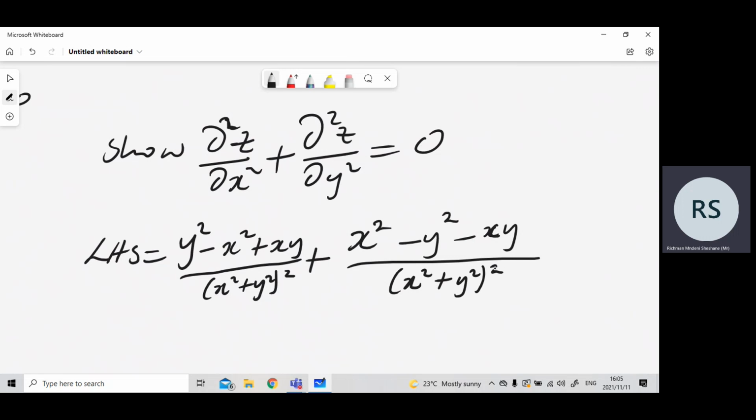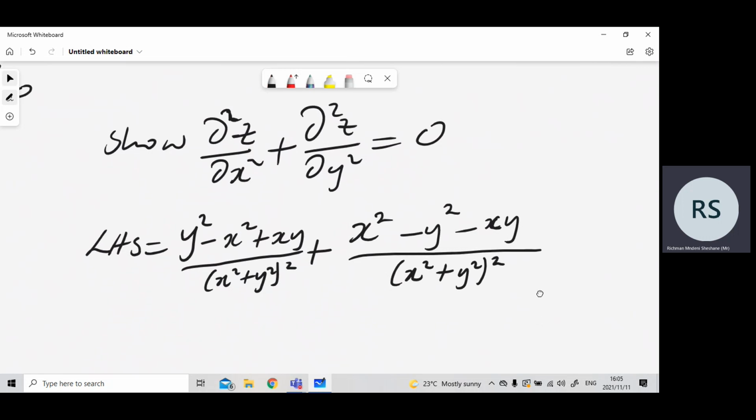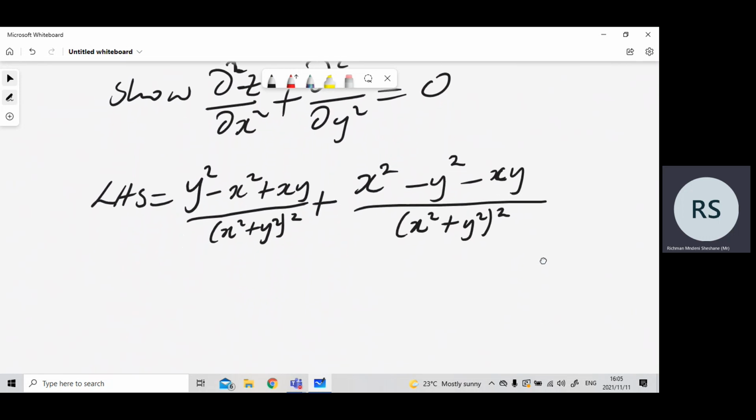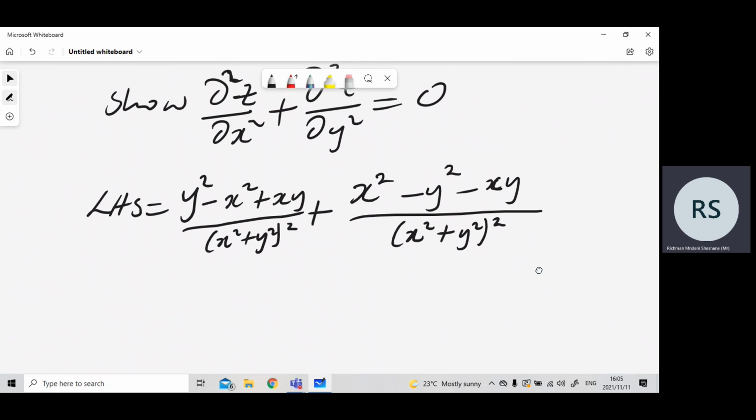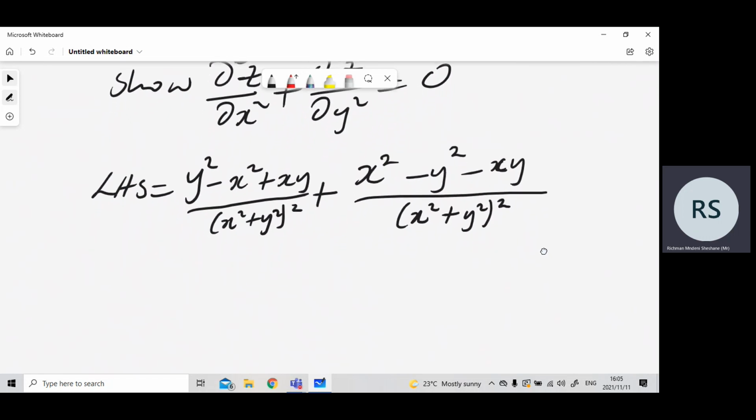Okay. This is our left hand side where we substituted the second partial derivatives of x and y, and then we want to see if we get the right hand side, which is 0.